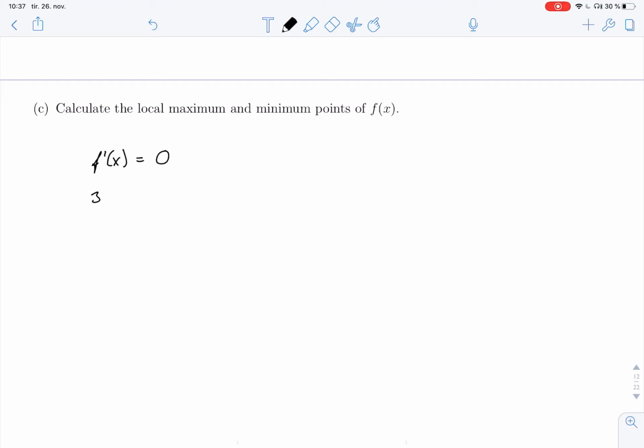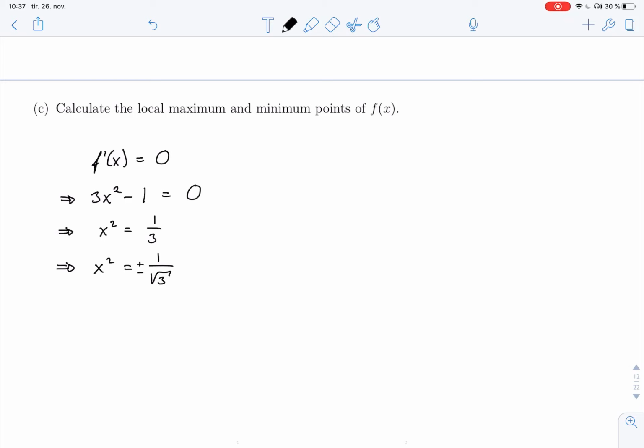So those are found where 3x squared minus 1 equals 0. So we have x squared equal to 1/3, or x equal to 1 over square root of 3. And here we need to remember the plus minus sign.